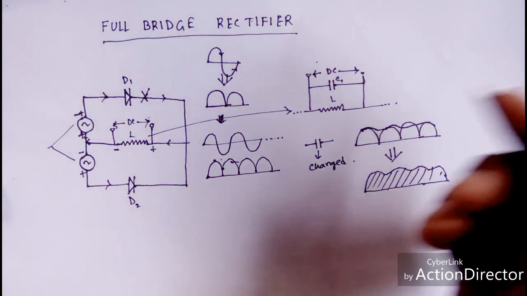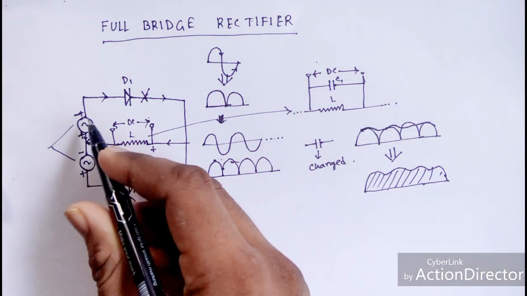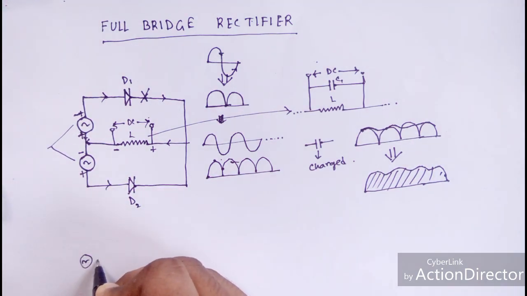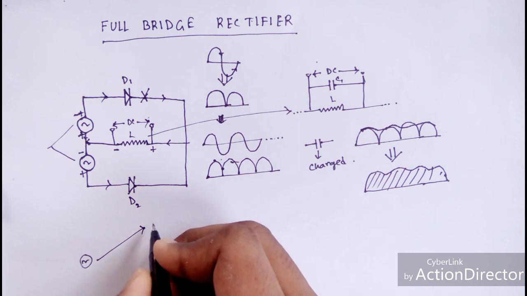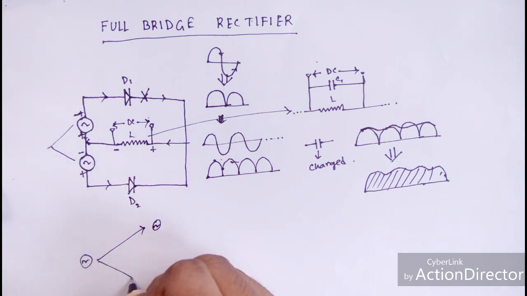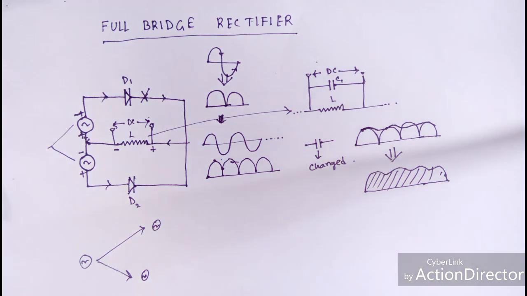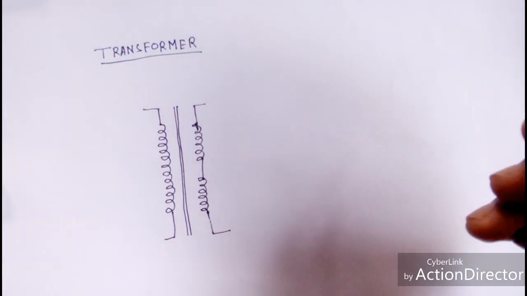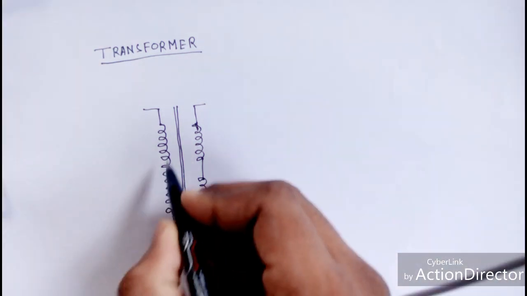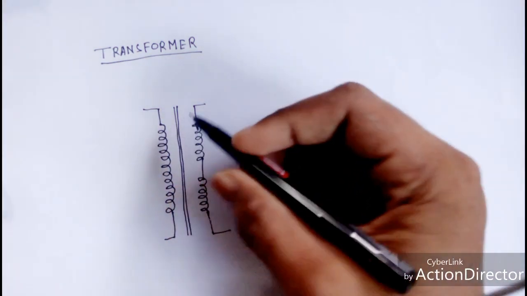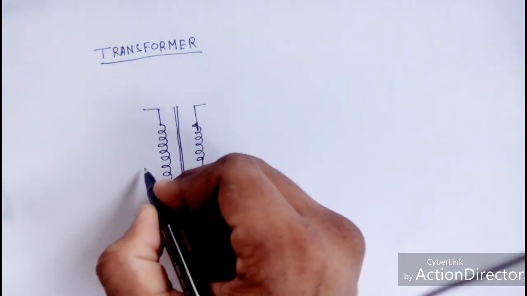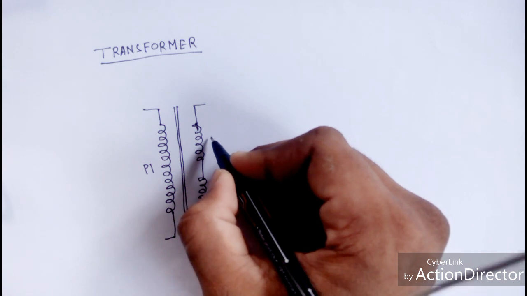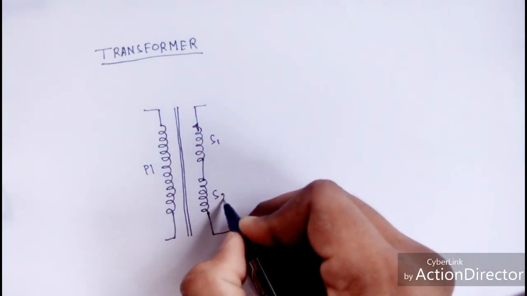Now we have to consider how we can divide this AC, the main AC, into two separate low voltage AC sources. In this case we have to use a transformer. A transformer looks like this. This is the primary coil. Let's consider it as P1, and these two are secondary coils. Let's consider them as S1 and S2.